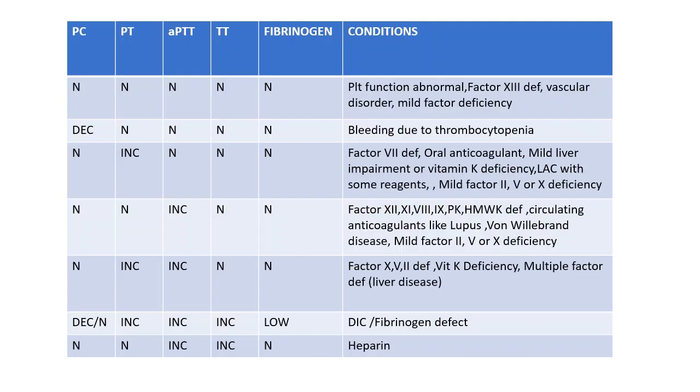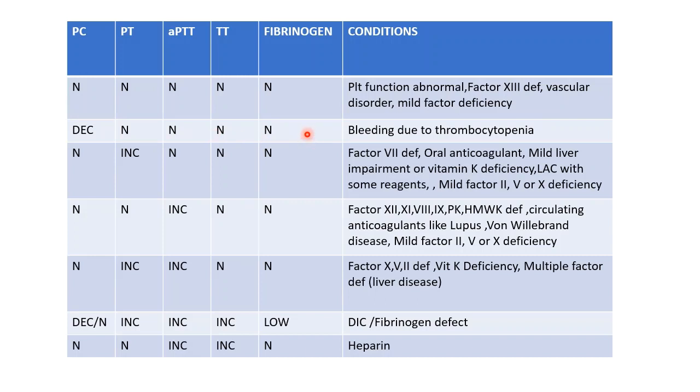So to summarize all the scenarios that we saw so far: the first scenario, where the entire screening coagulogram is normal but the patient is still bleeding, then consider platelet function abnormality, factor 13 deficiency, vascular disorder, or mild factor deficiencies. Next, the scenario where the platelet count alone is reduced and everything else is normal, then the bleeding is probably due to thrombocytopenia. Evaluate for the cause of thrombocytopenia.